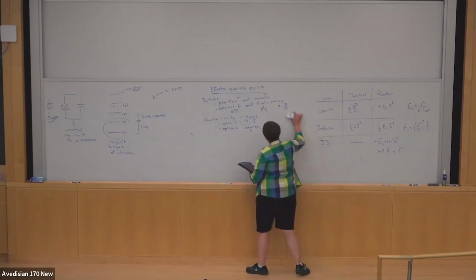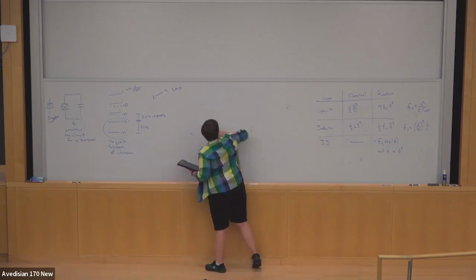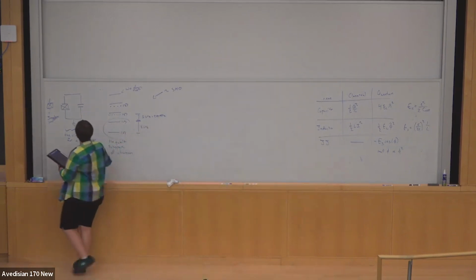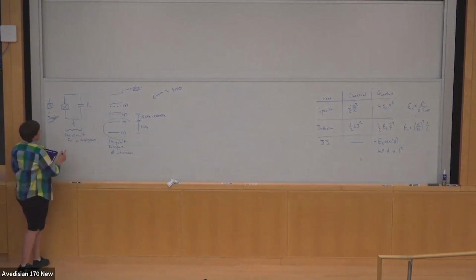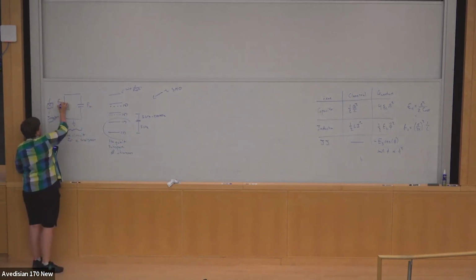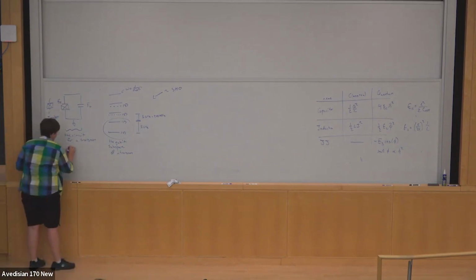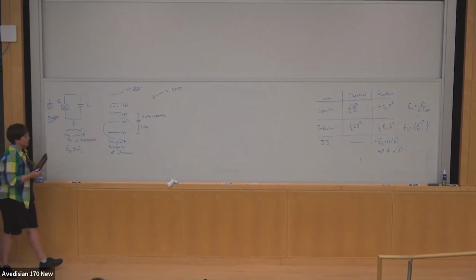And so if we go back to this circuit, there's an energy scale EC associated with the capacitor, and an energy scale EJ associated with the inductor, and the transmon has EJ much, much larger than EC.